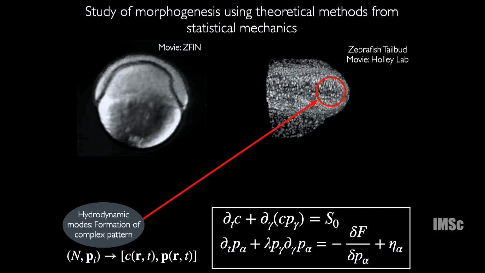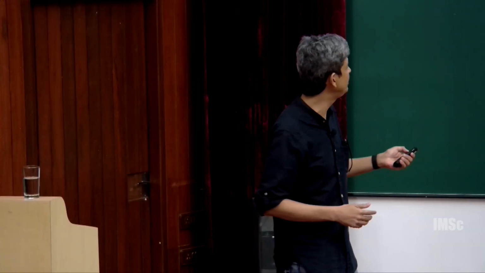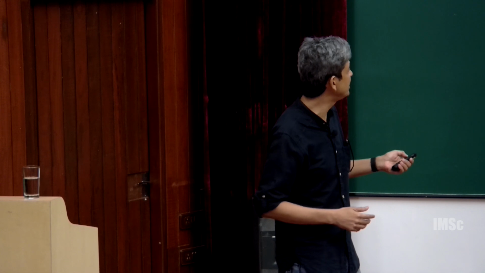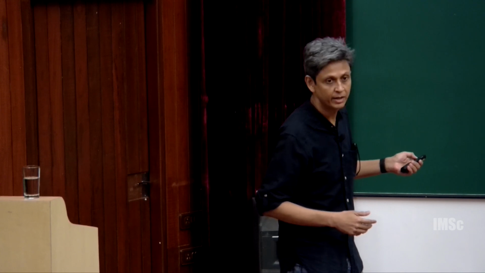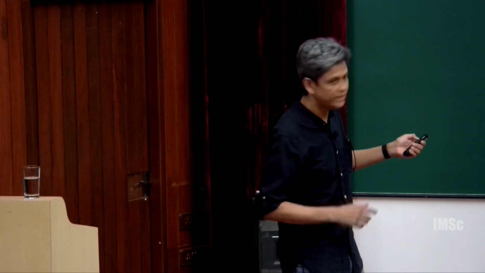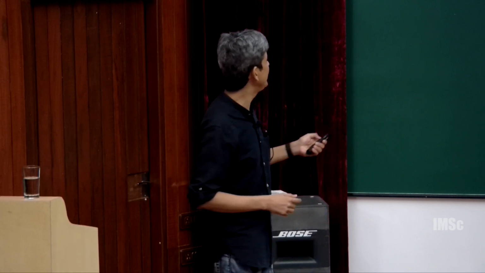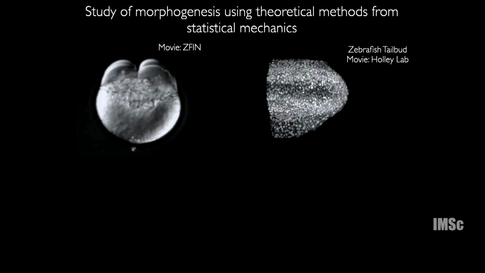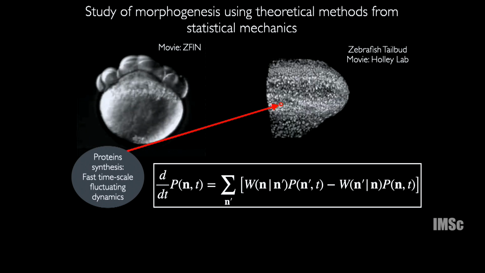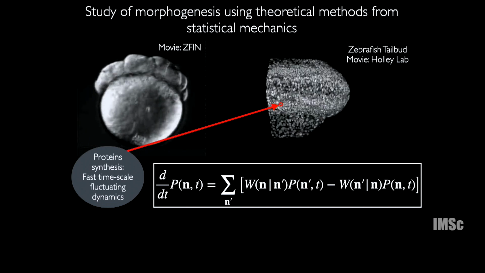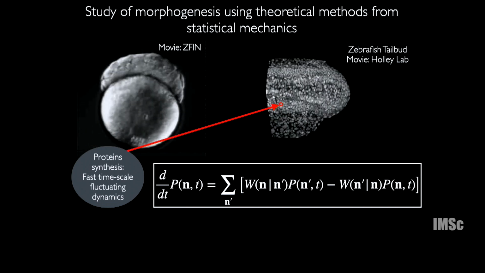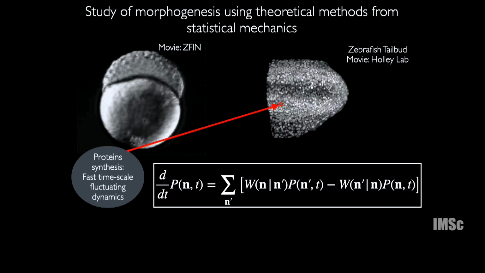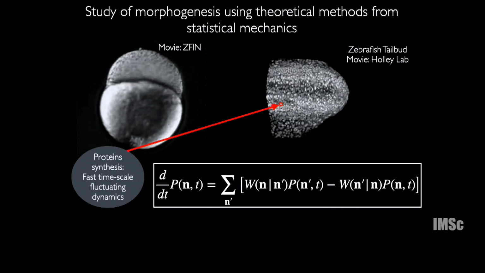The details of how the protein regulates the polarity will be hidden in the coarse grained parameters, for example, the lambda. It's a very good question, because let's go back one step. Here we were interested in the time evolution of the proteins. So there we were really tracking the time, how the proteins are evolving in time.